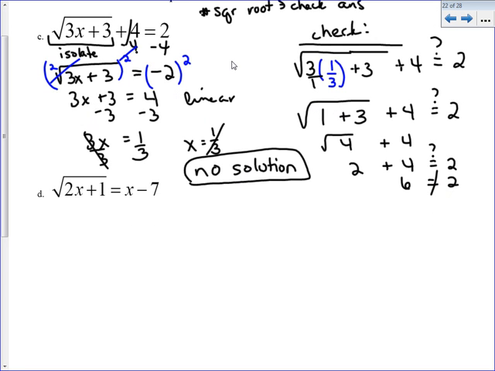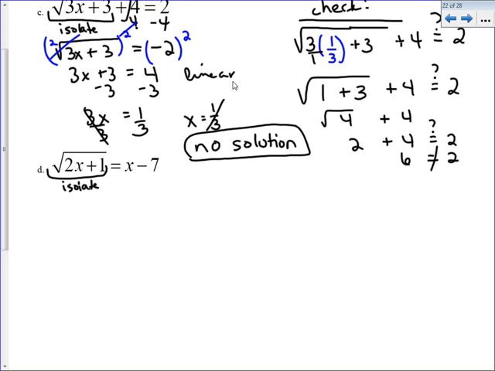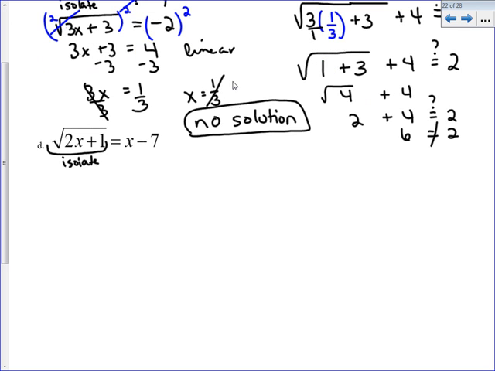All right, D. Do I have my square root all by itself? That's the only thing on the left side. And how do I get rid of a square root? Square it. So this is 2x plus 1, and I'm going to square that.